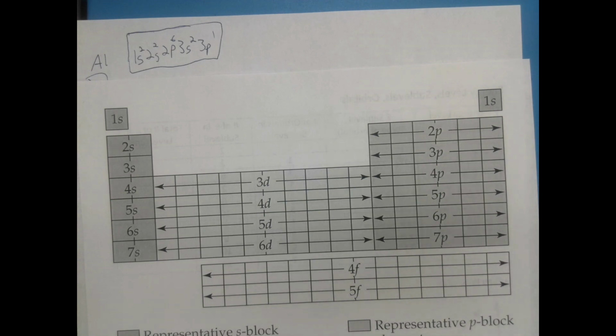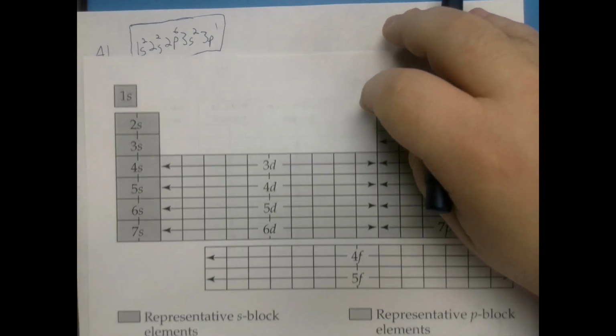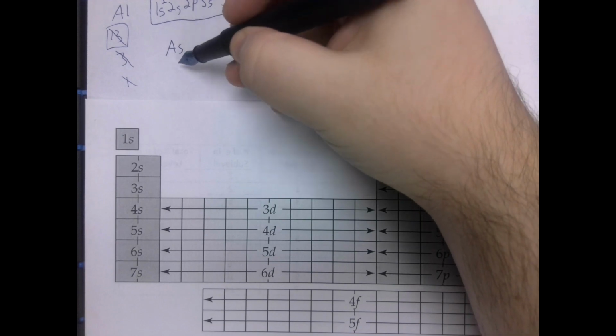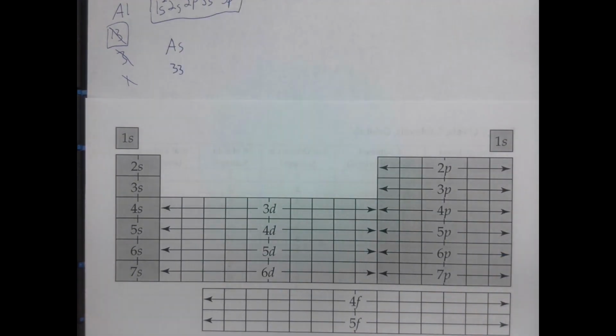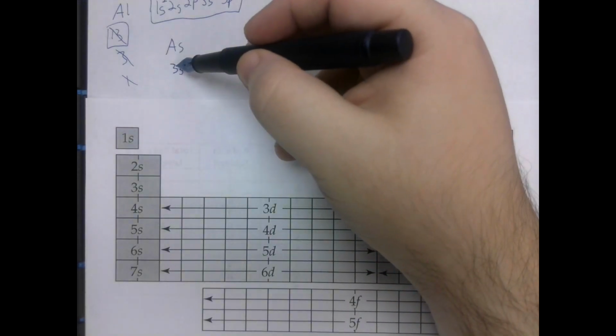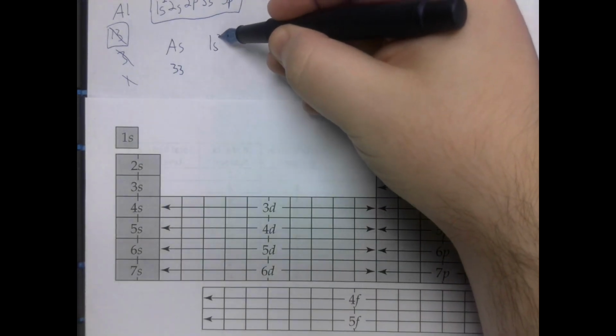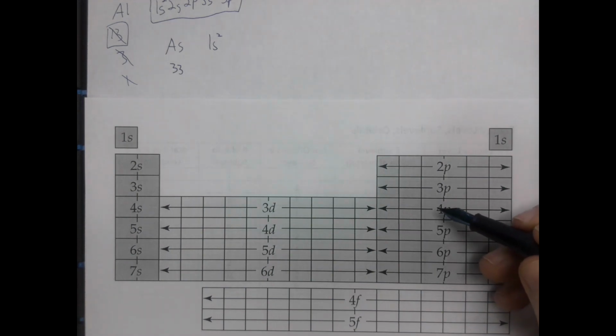So let's look at a more complicated one, one that is bigger. Let's do arsenic. Arsenic has 33. So instead of trying to count the 33 electrons and keep filling it up according to Aufbau's rule, we can read left to right. Arsenic is right here.